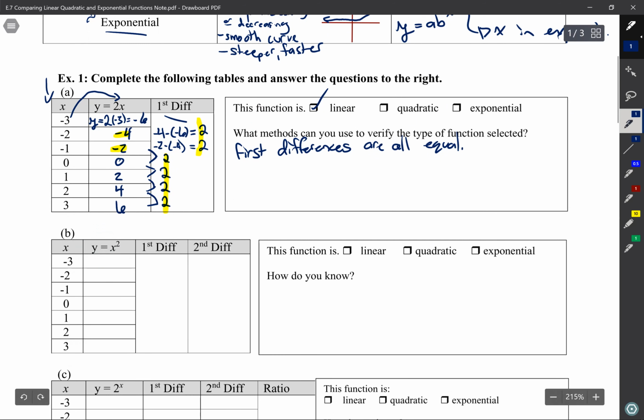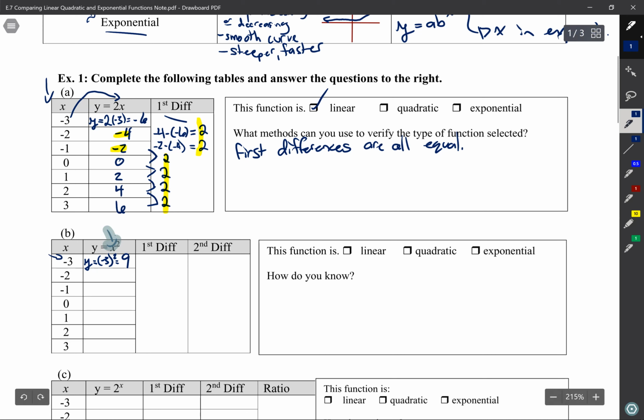So again, I'm going to substitute in -3 in the place of my x here. So y equals not x squared, but -3 squared, which equals, if I put that into my calculator, a positive 9. We need to be careful that we're including this negative within the brackets when I'm substituting into my equation there.